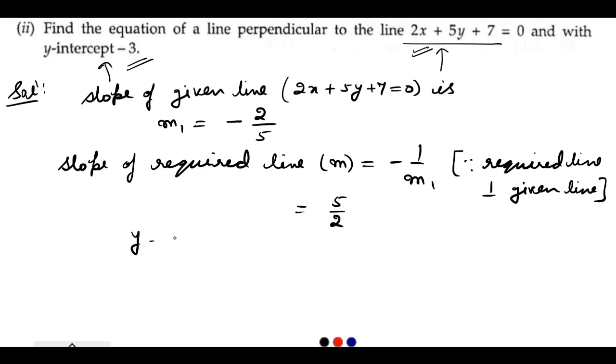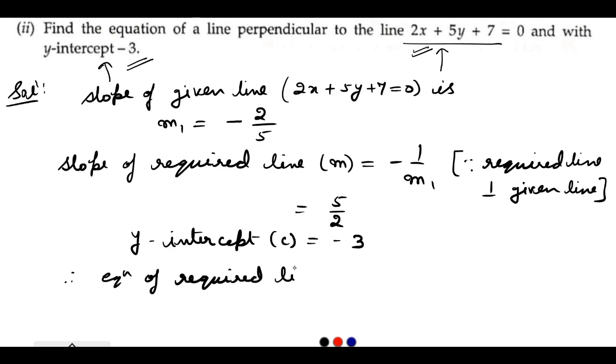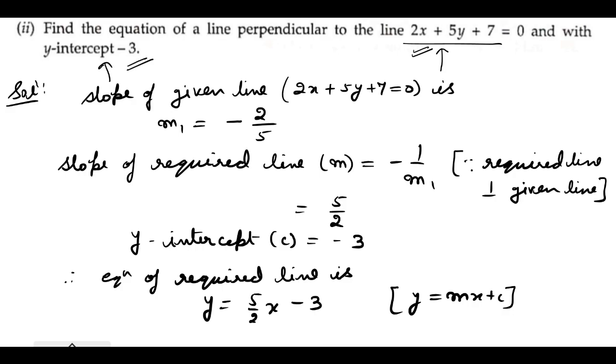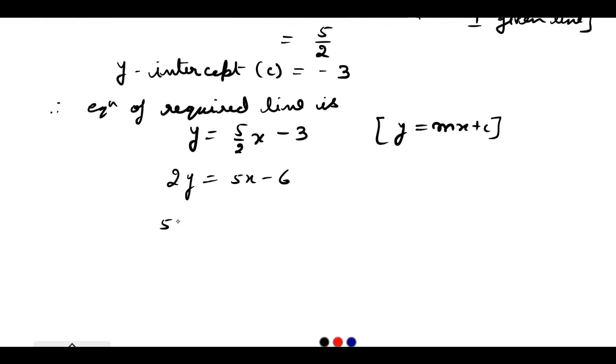Now the y-intercept means the value of c is minus 3. Therefore, the equation of the required line is y is equal to mx, m is the slope of the line, plus c. 5x minus 2y minus 6 is equal to 0.